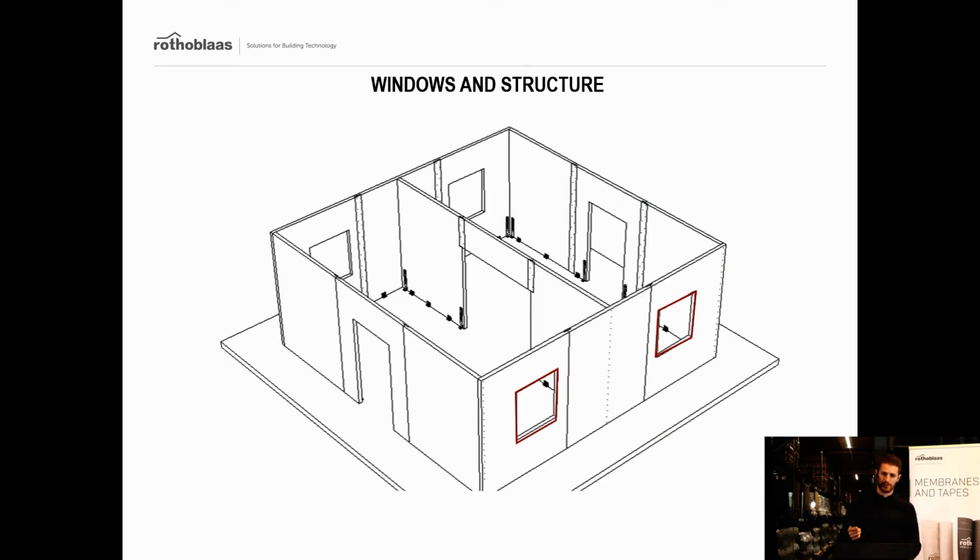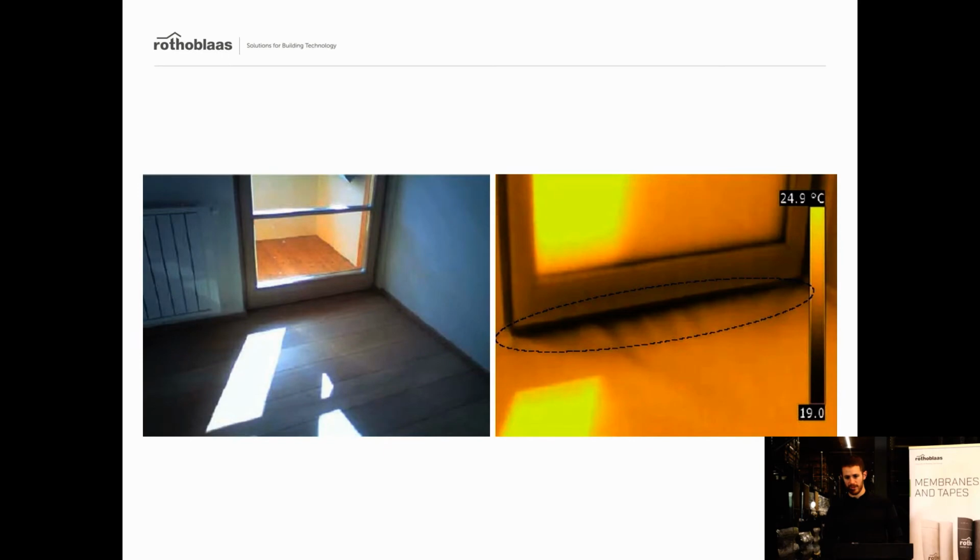Let's have a look at the windows of our buildings. Of course, it's easier to do a continuous wall, but as we know, windows are always the part of our building which has to be constructed really in the right way, because it's where you might have issues if you don't do things in the right way.